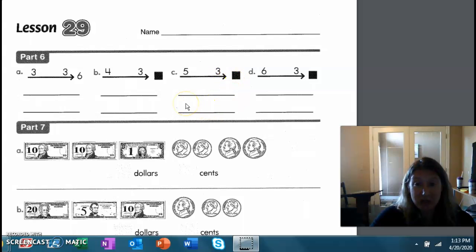And the subtraction fact that goes back on the arrow? 8 minus 3 equals 5. Everyone touch D. What is the addition fact that goes forward on the arrow? 6 plus 3 equals 9. And the subtraction fact that goes back on the arrow? 9 minus 3 equals 6.